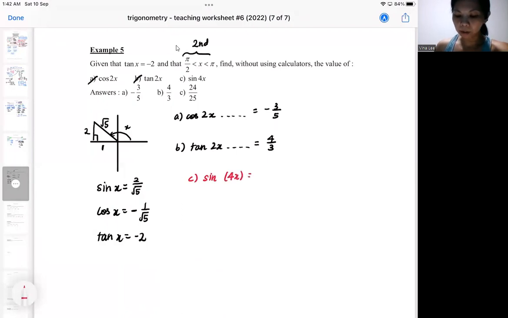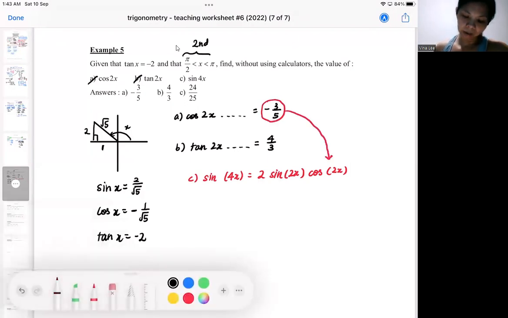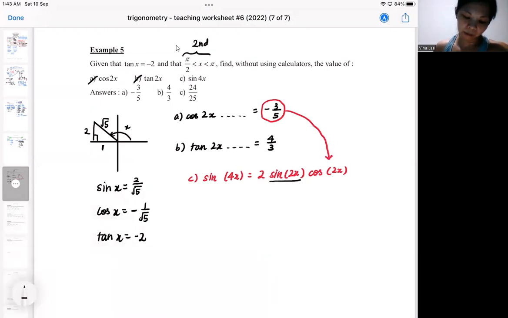So remember I said about double up. You must be able to write out the double up yourself. And this can be used for this part. So the only thing missing is I do not have my sine 2x first. So don't try to do everything in one shot. I will suggest you do it one by one. So I will do my sine 2x first.